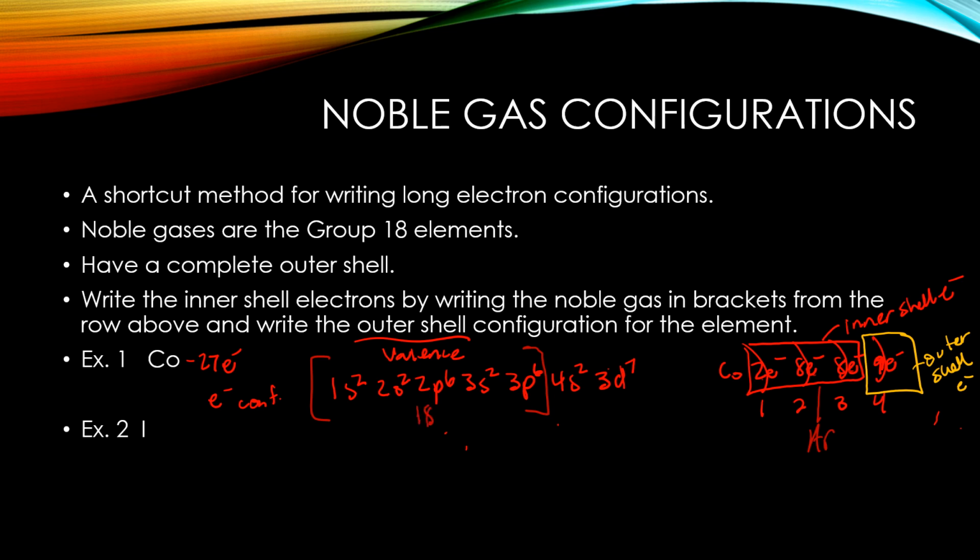That's argon. So I could place argon in the brackets, and then I could write the outer shell, which would just be the 4s2 and then the 3d7.